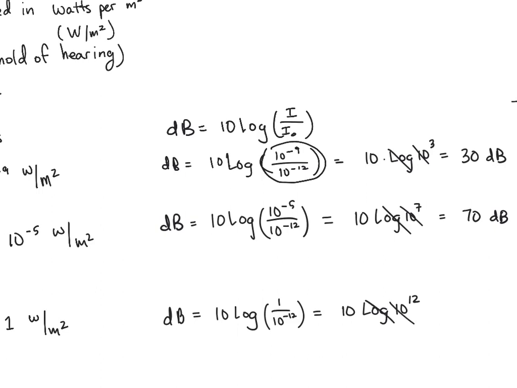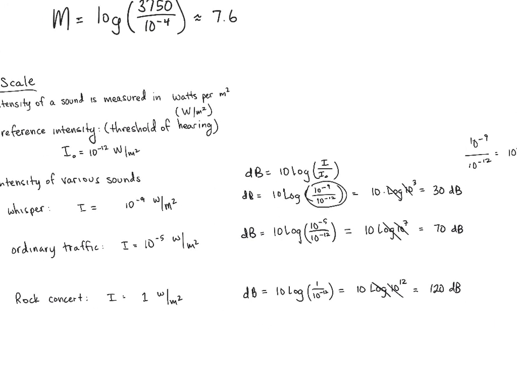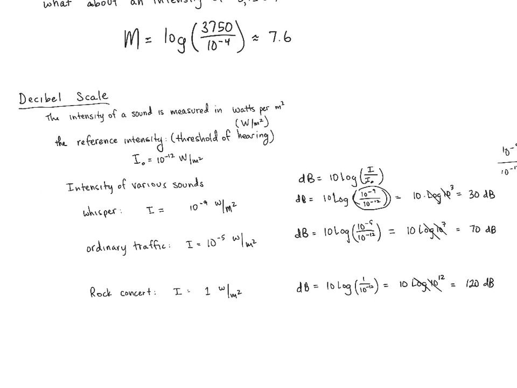Log base 10 cancels base 10. 10 times 12 is 120 decibels. So getting up into that range, you can start to do some damage to your eardrums. Anything, 120, 130, 140, getting up in that range can be damaging to hearing. So anywho, that is an introduction to the decibel scale.